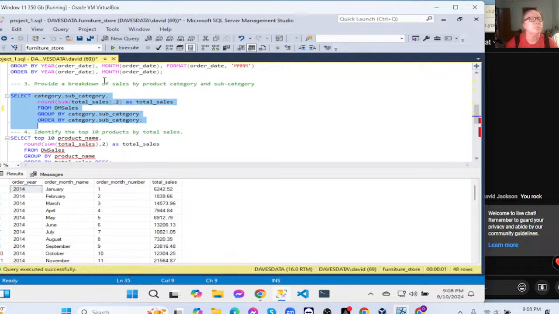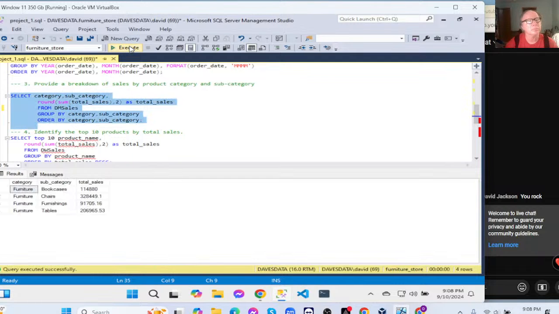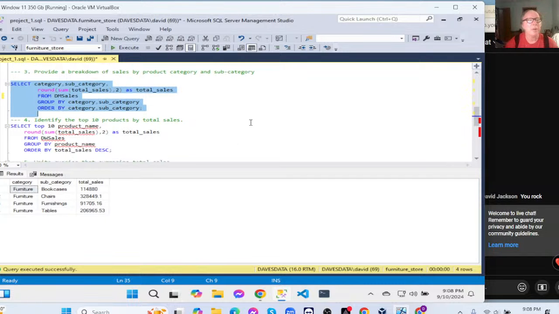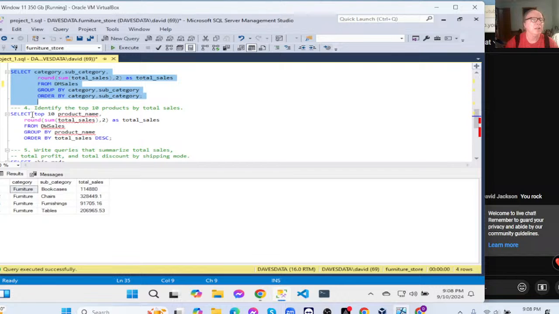Okay. Then provide a breakdown of sales by product category and subcategory. Nothing really tricky here again. And this is by category, subcategory.